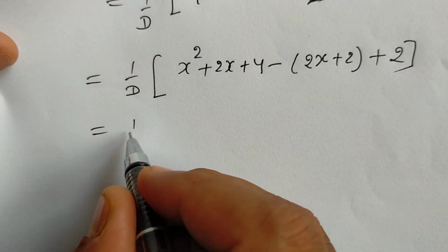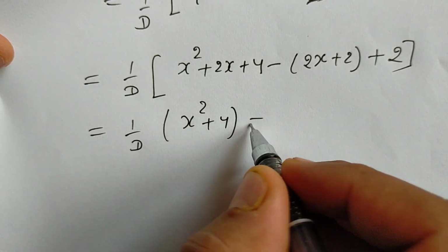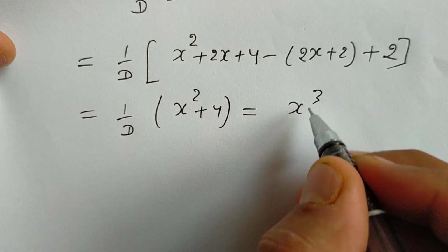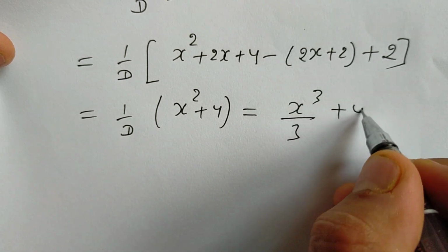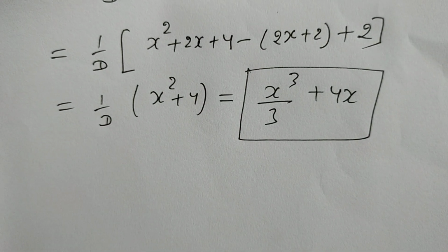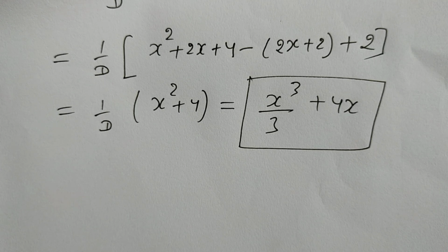So we can have 1 by D times x square plus 4, where 1 by D is the integration. So x cube by 3 plus 4x. This is the particular integral. It is very easy compared to the method of undetermined coefficients and variation of parameters. Directly we are getting the answer.